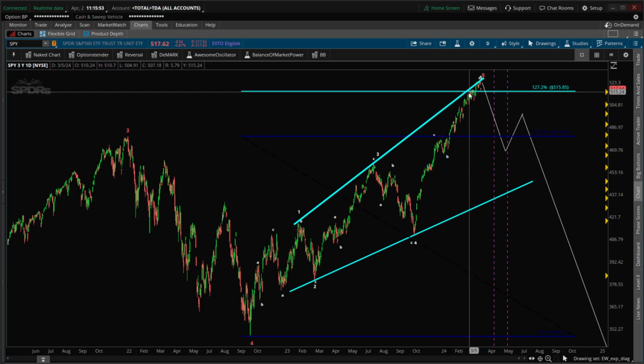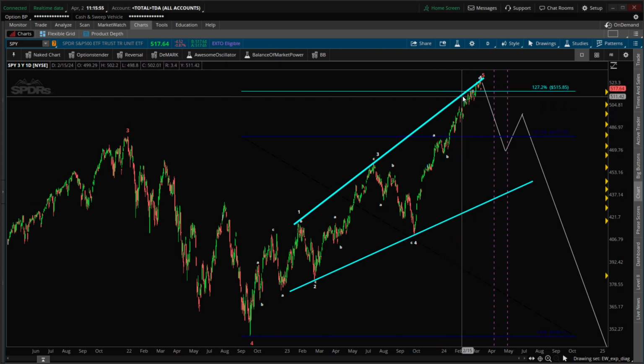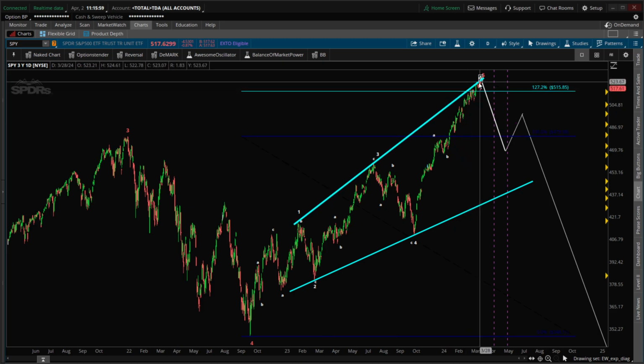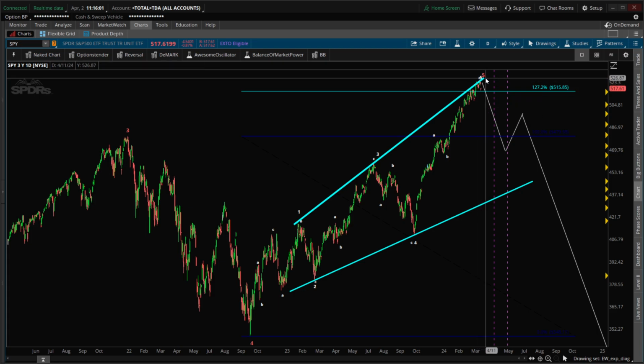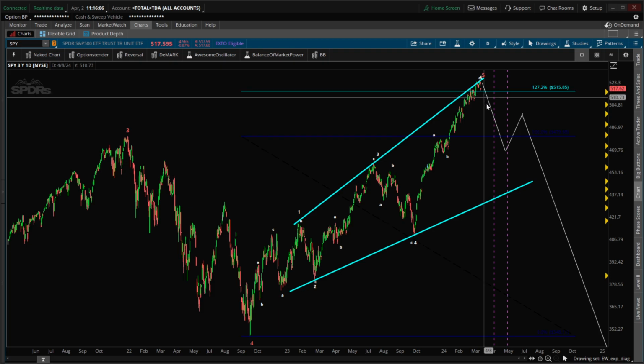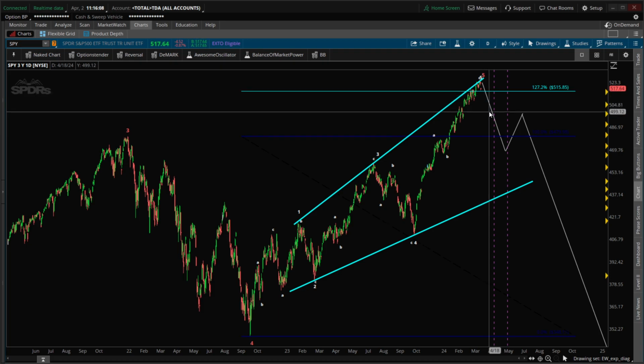And it's not required that you go to the top of the megaphone in order to complete this move, but it surely did, and even poked above there, backtested that wedge, and now is starting to reverse here.